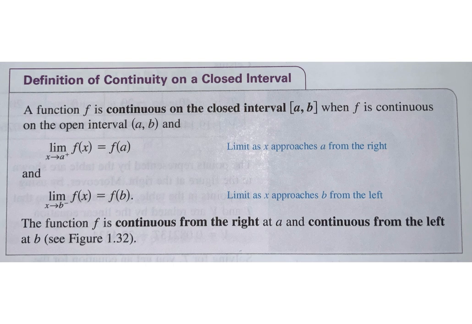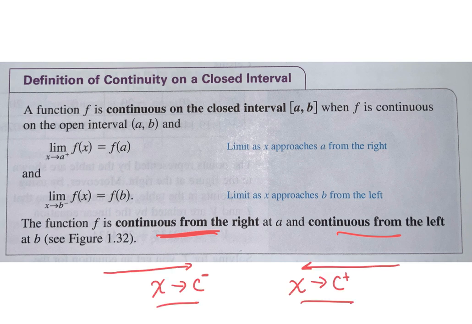This definition also mentions continuity from the right and the left. Remember, from the left means coming from this direction. What does it look like your y is approaching? And from the right means from this direction. What does it look like y is going to do? And so you can have individual right and left hand limits.